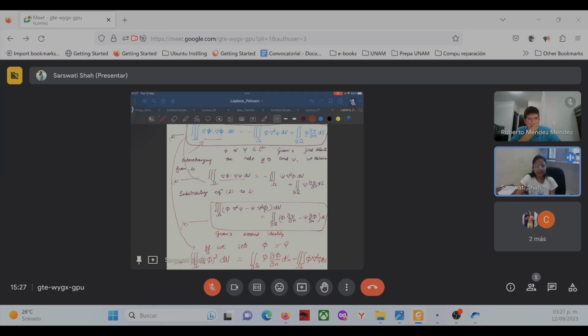Green's identity is very helpful in a lot of derivations, and when we will be proving the properties of some harmonic function, then we are going to use this Green's theorem. I am not going to tell you from where I am taking this identity.